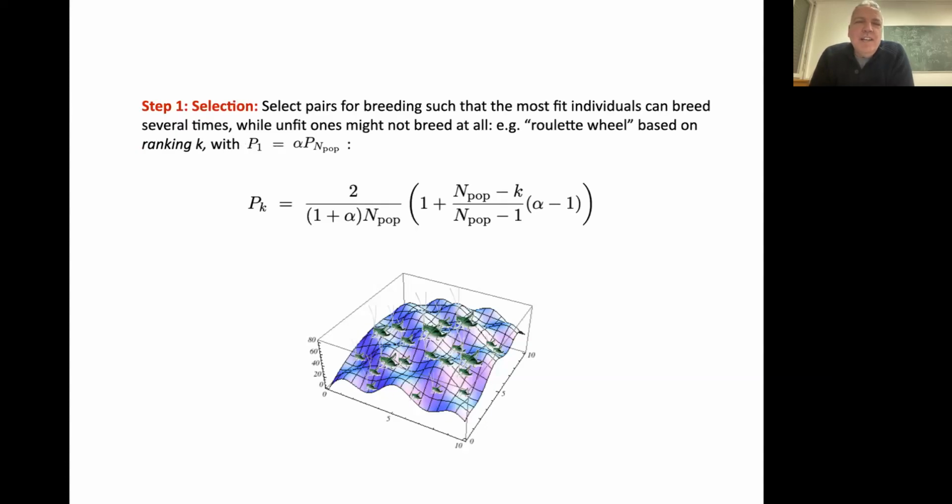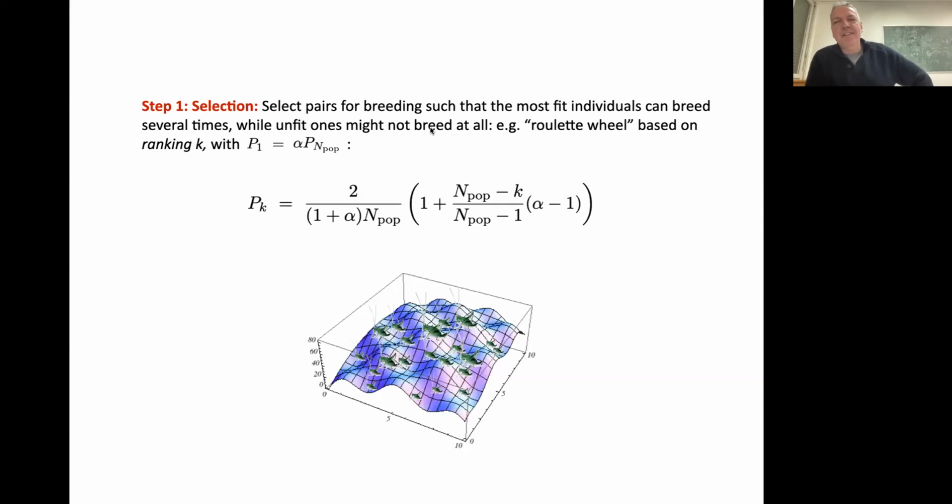And then you select pairs for breeding such that the most fit individuals are selected more times for breeding than the unfit ones. Typically you would select the fittest one 2 or 3 times more than the unfit one for breeding. You make breeding pairs of these creatures. You'll select their genotype.